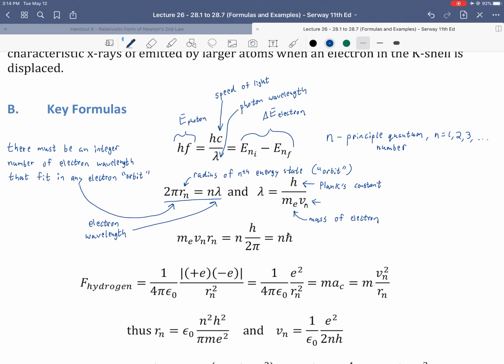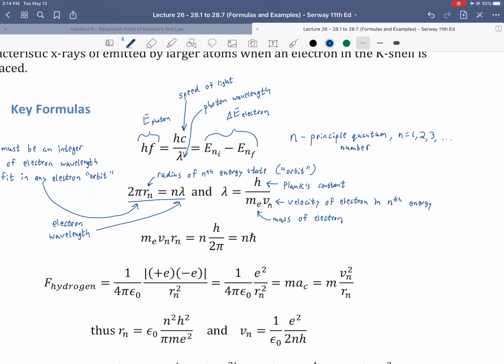But we're not using all of quantum mechanics, right? So we use quantum here in a sort of light way. Okay, so this is the velocity of the electron in energy state. The subscript there is telling us that it's in the nth energy state. Right, so I'll go ahead and put that same terminology in: nth energy state, which would be an orbit.